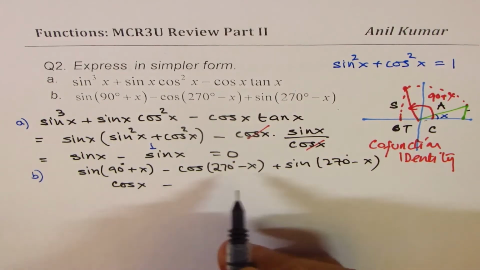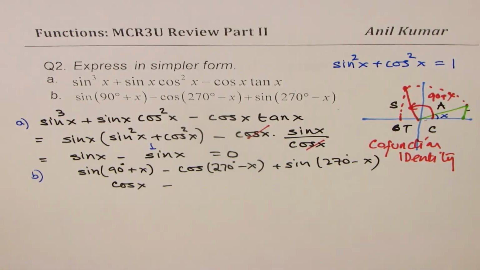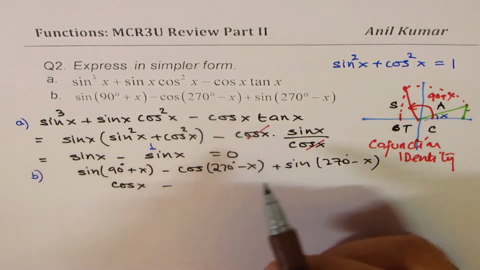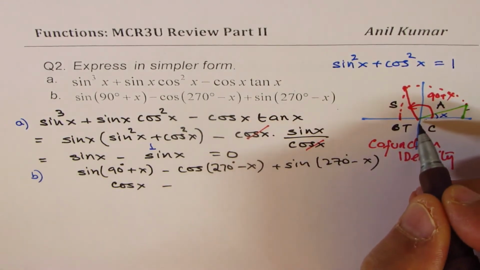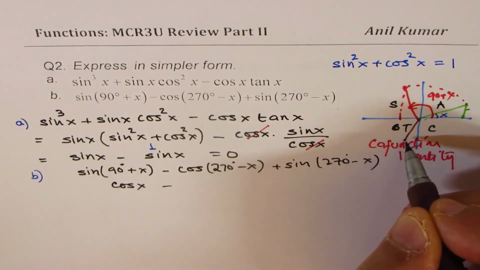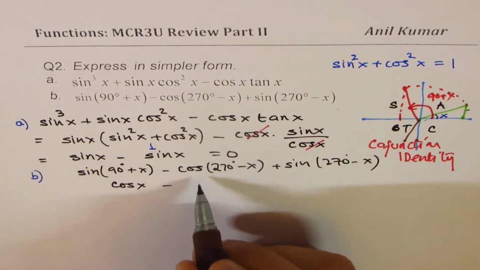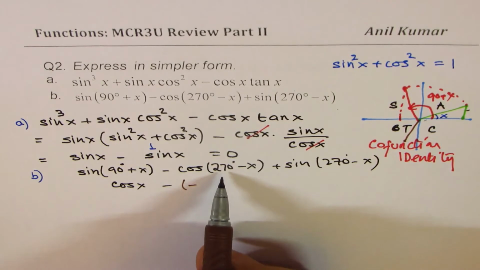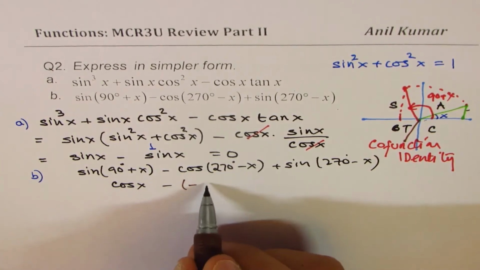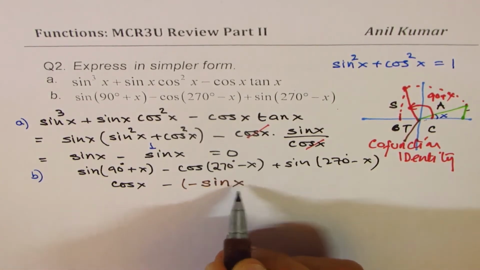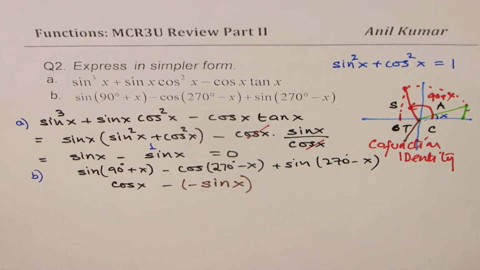Now let's look into cos 270 minus x. I'm going to compare all my triangles with the green triangle here. 270 minus x means we are now here, right, in this position. Here cos is negative, so we get negative, and cos also becomes sine, so we write this as sine of x. Is that okay?